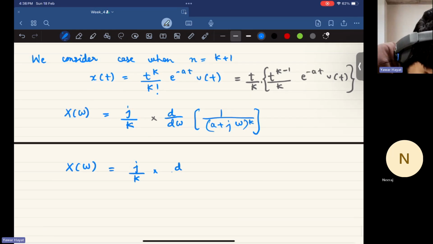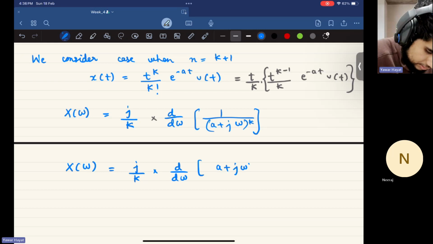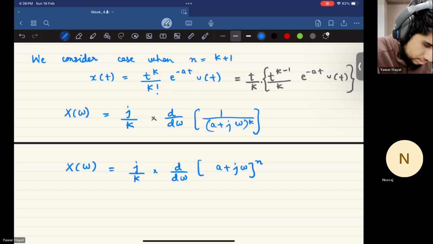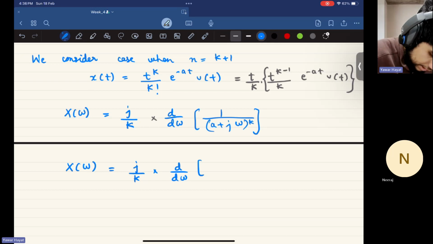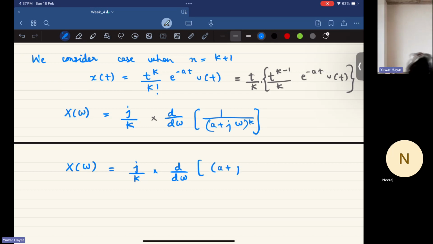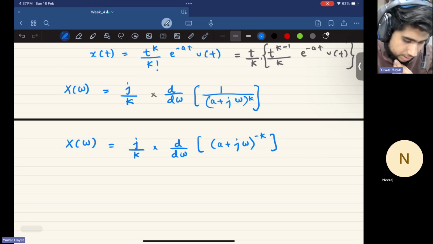I can write this as d by d omega of (a plus j omega) raised to power minus k.